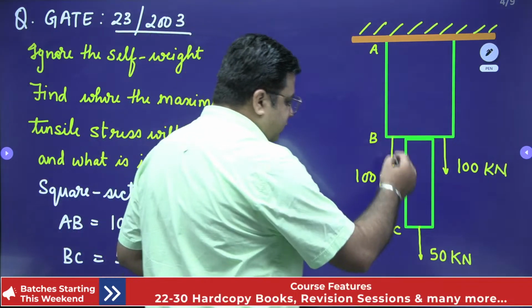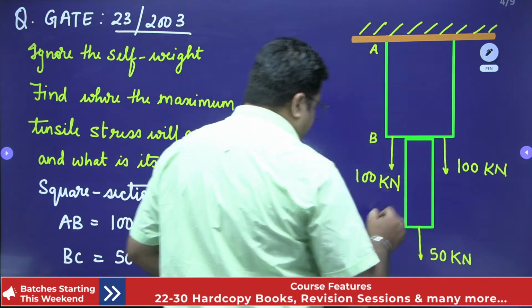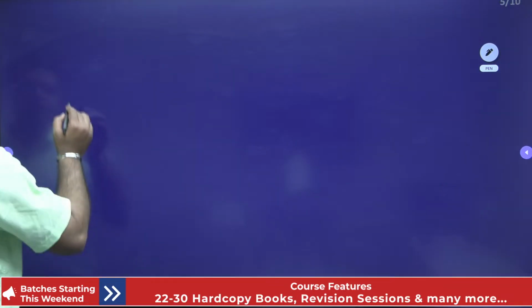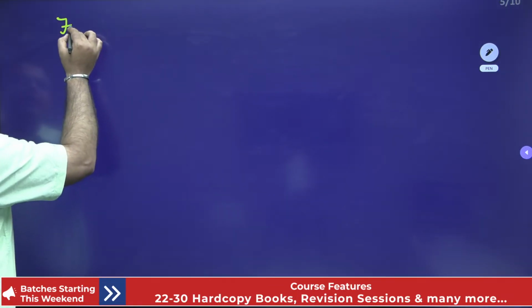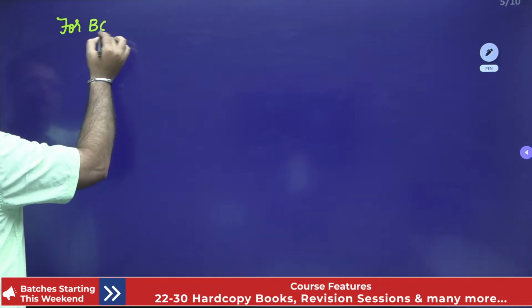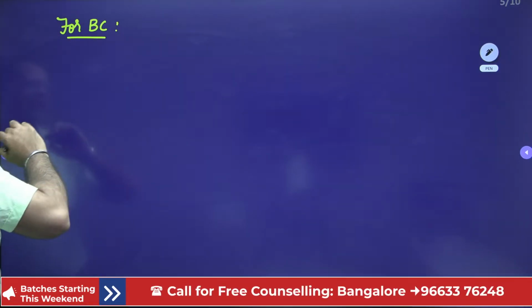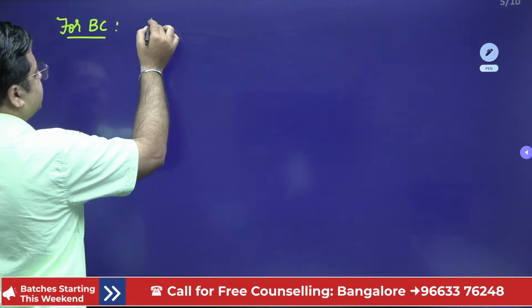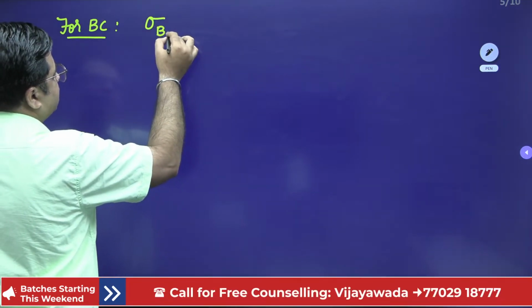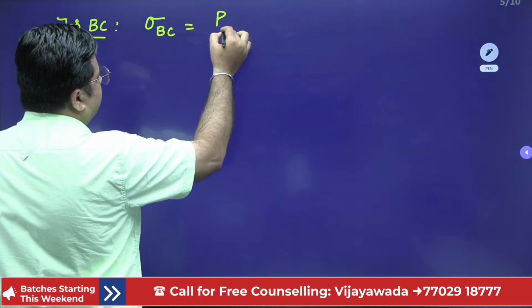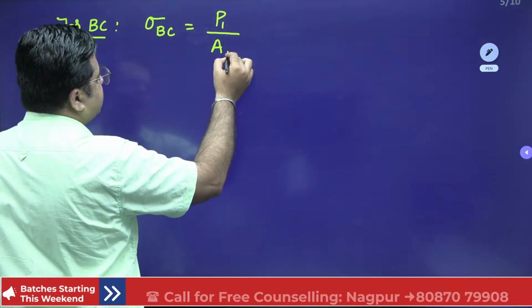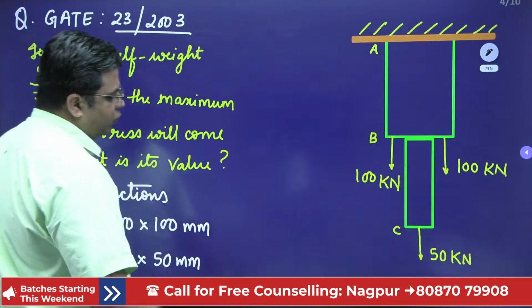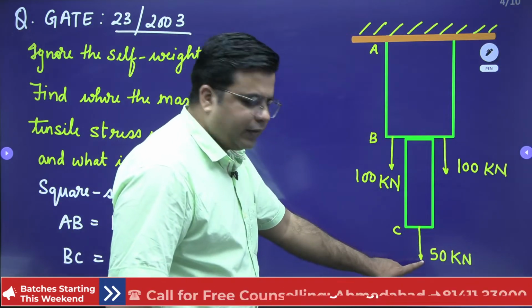So let me consider member BC and calculate the stress. Stress for member BC is equal to load P1 divided by area of BC. For BC, only one load is acting, that is 50 kilonewton.